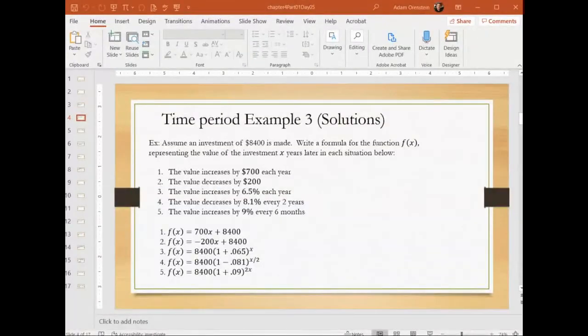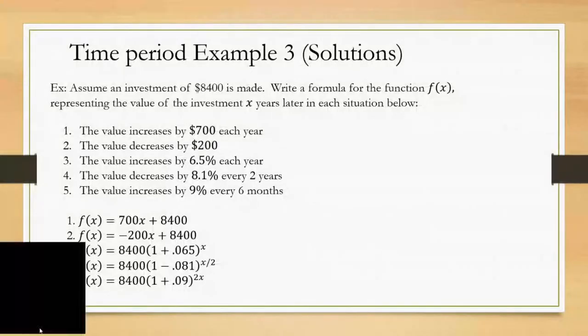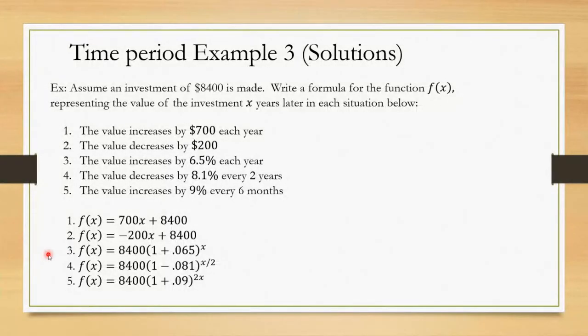In part 2, the only difference is that instead of increasing, it's decreasing. So in this case, our rate of change, our slope, is negative. Negative what? It's negative 200.